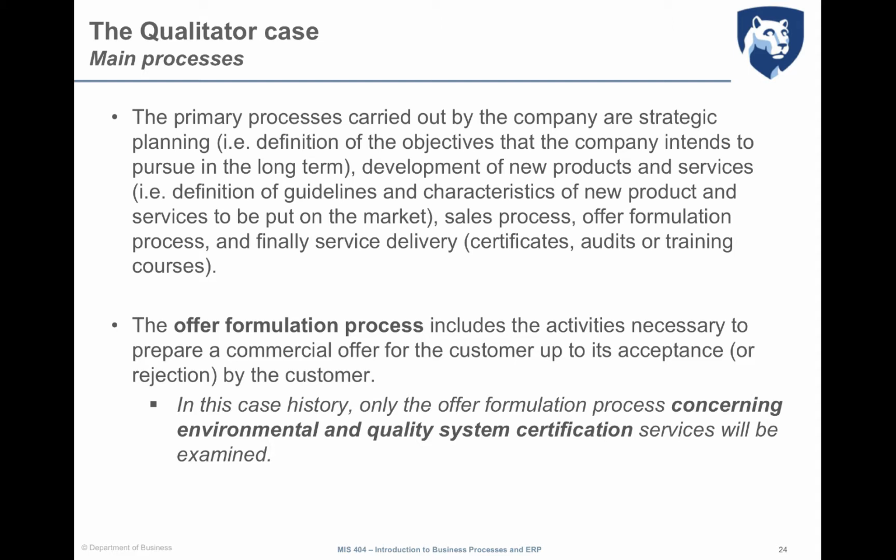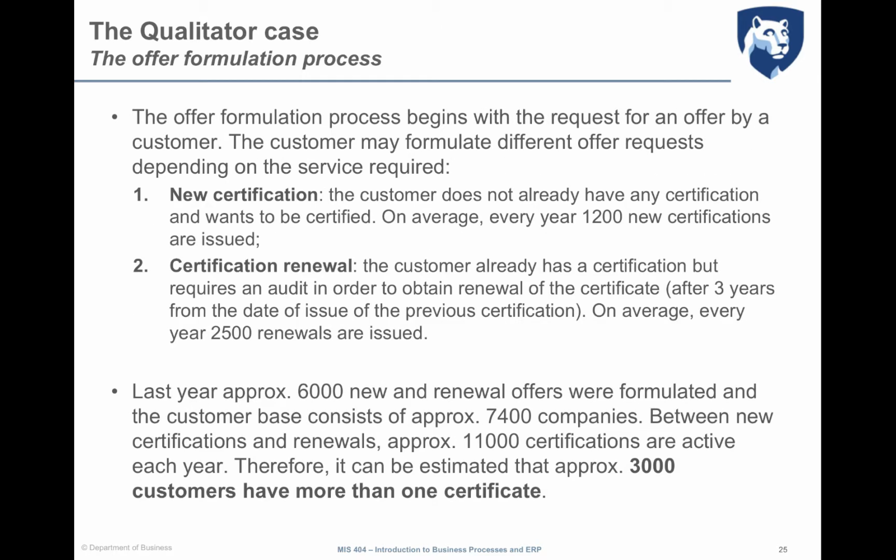So the customer requests a particular quality inspection or quality certification, and Qualitator needs to formulate an offer for this service. For this case, as it is a limited case, we will see the offer formulation process concerning environmental and quality system certification.